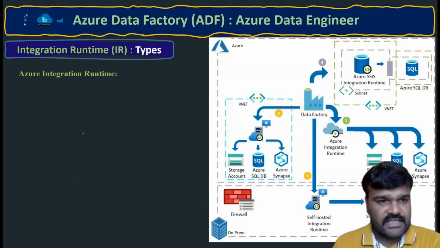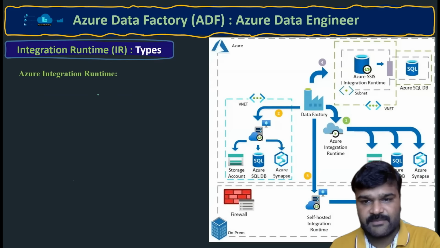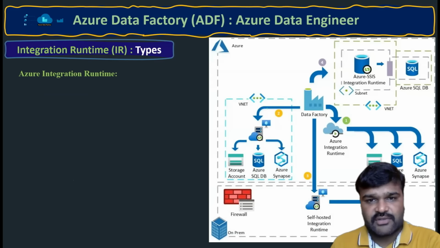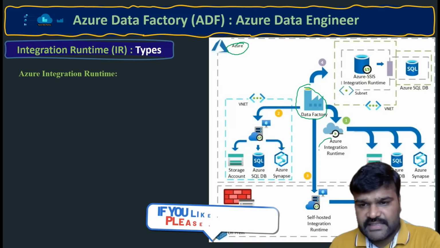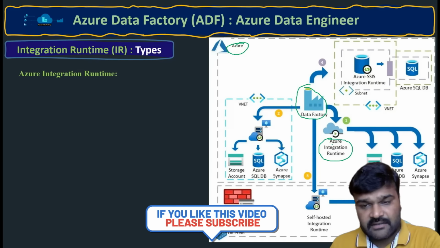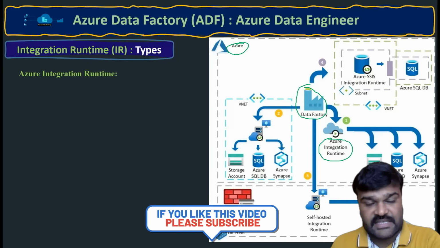Here, Azure integration runtime is also called auto resolve integration runtime. In this diagram, this is Azure, which is the cloud, and here we have a data factory. Observe the different services or elements we have here. The IR we are discussing now is positioned here.